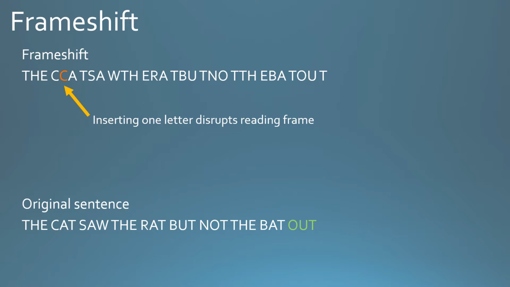So if you put in just one additional DNA base, in the sentence analogy, you get a bunch of gibberish that isn't even words. Now, in DNA, it turns out every possible 3-letter sequence is actually a word.